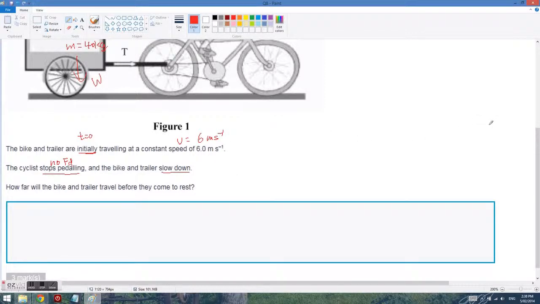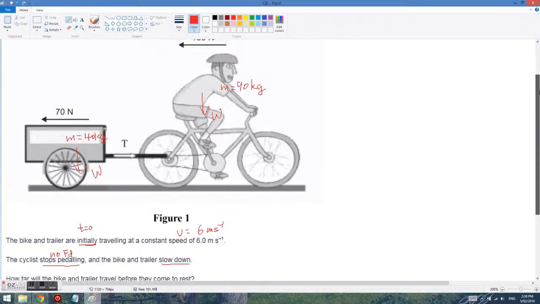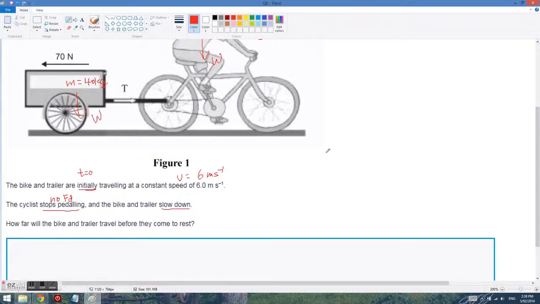When I do this question, if you struggle with it, try to write down everything in words. Now, when t equal to 0, the velocity is 6. The initial velocity we call u, 6 meters per second.